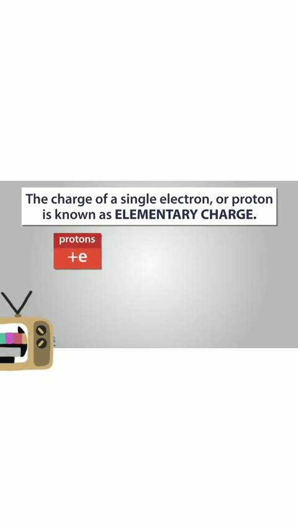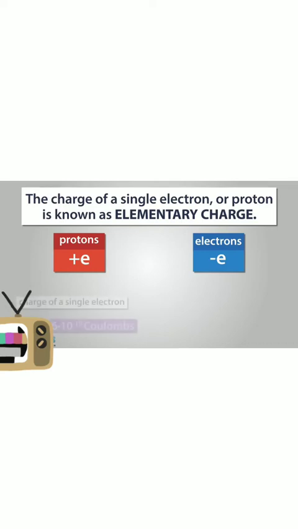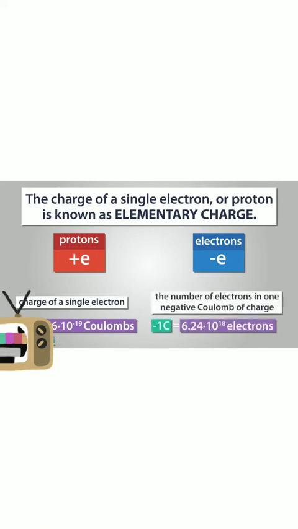The charge present on a single electron is basic, which is why we call it the elementary charge, right? The value of a single electron's charge is 1.6 into 10 to the power minus 19 coulomb, right? And 1 coulomb of charge is 6.24 into 10 to the power 18 electrons. We have discussed this in quantization.